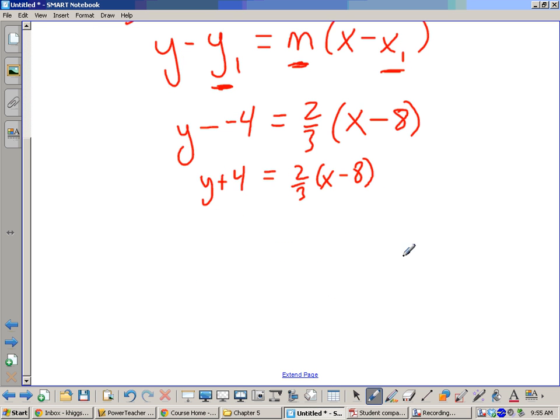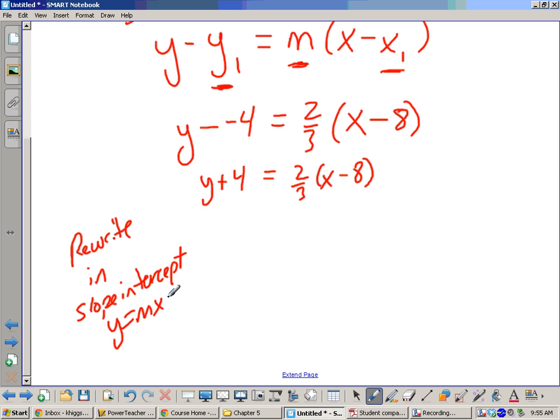Now, in your assignment today, you're going to be asked to rewrite in slope-intercept, which is y equals mx plus b. To do that, we need to distribute. So we're going to distribute 2/3. 2/3 x minus 8 times 2/3 is 16/3.